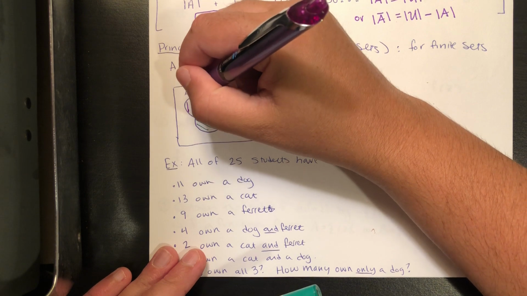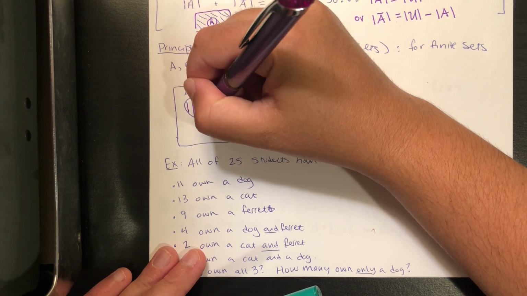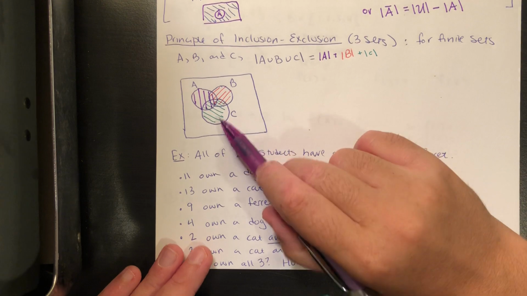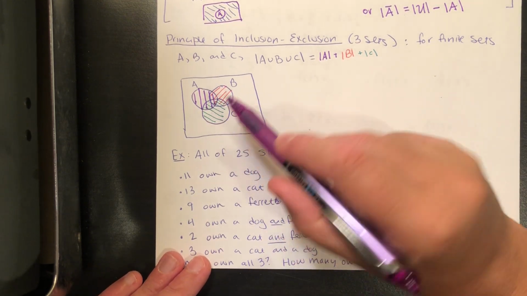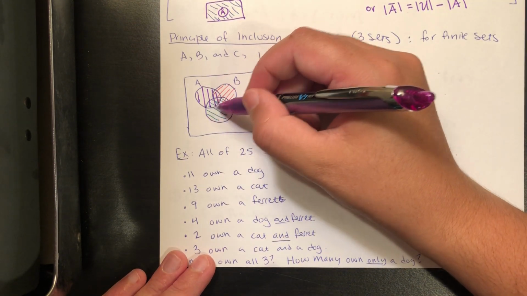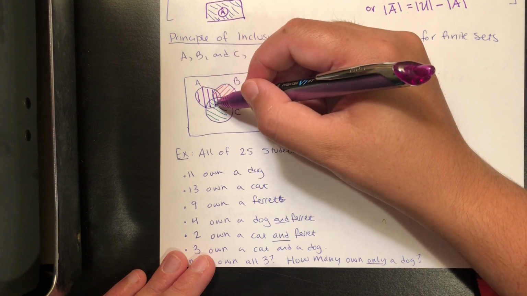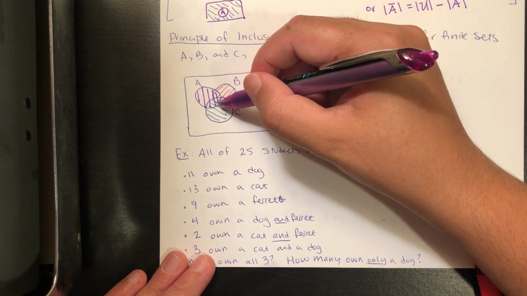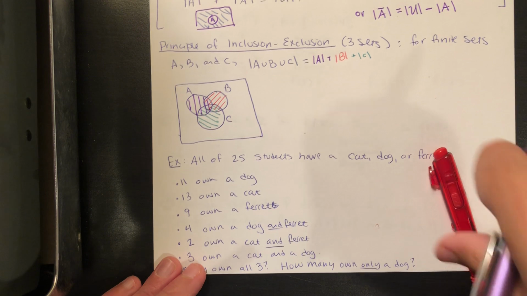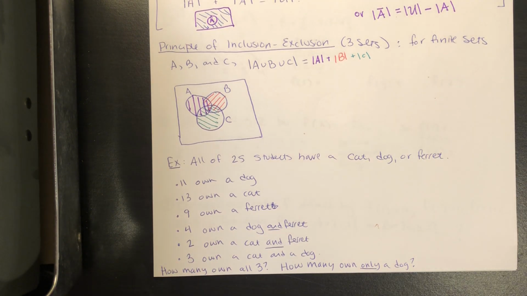Let's see, we'll do it like this. We can see that some parts of this diagram have been counted more than once. Right, this sort of intersection here has been counted multiple times, this intersection here has been counted multiple times, this one here, etc. And so we don't want to count things multiple times, so we need to subtract in order to account for the double counting.